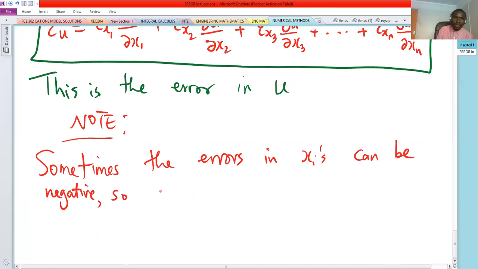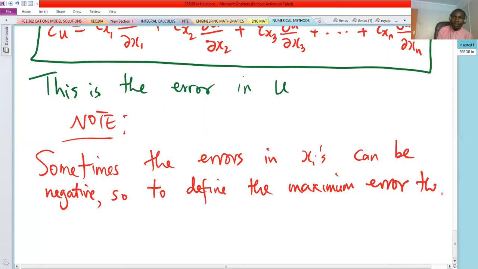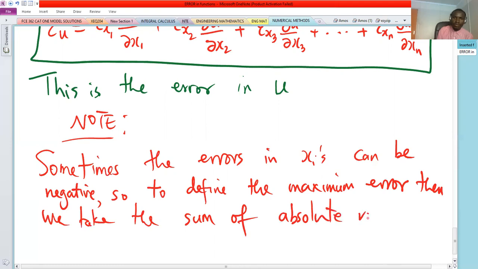So to define the maximum error, we take the sum of absolute values of each term. So let's call this equation 6.